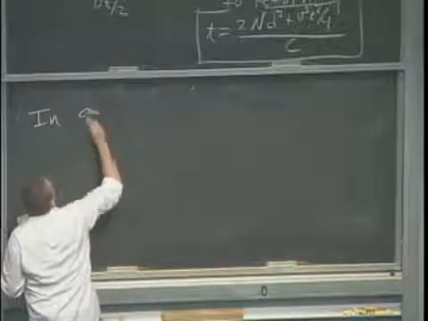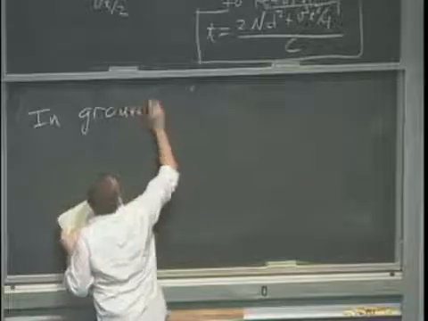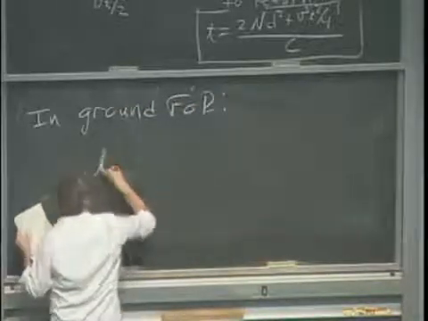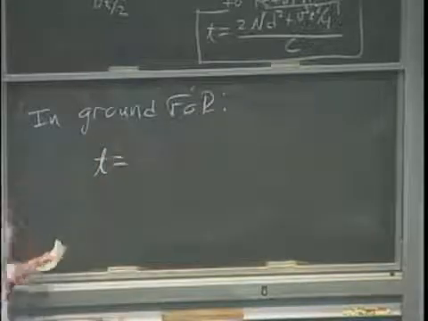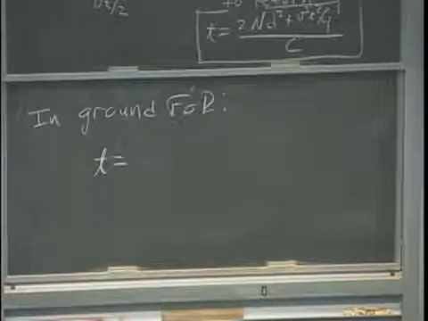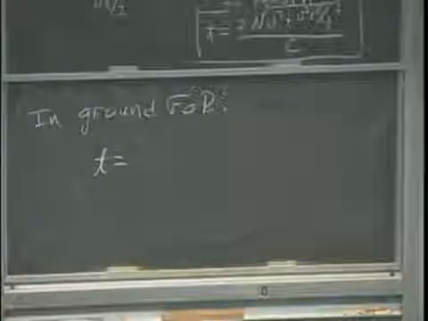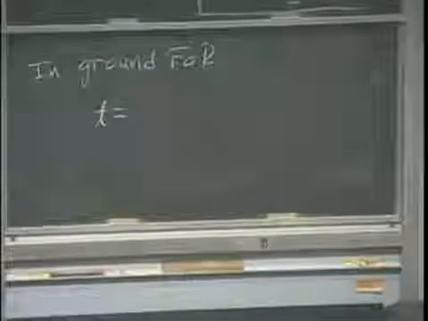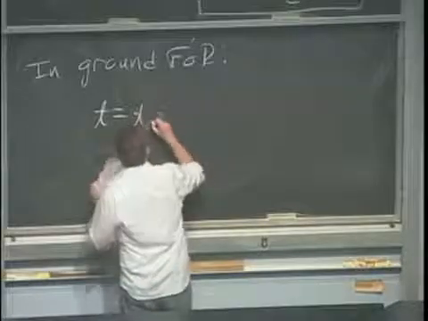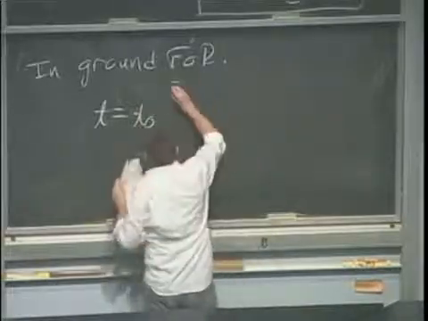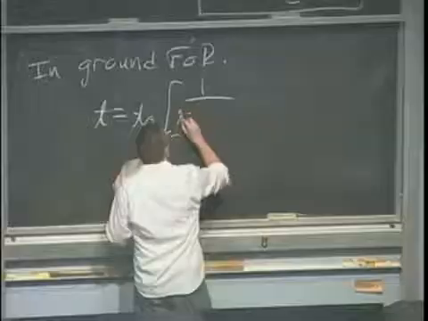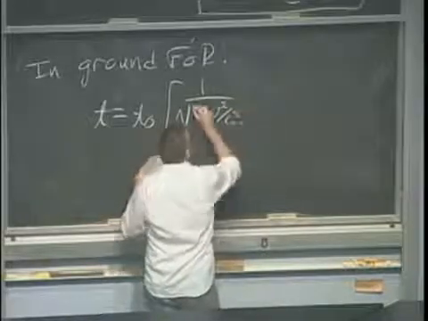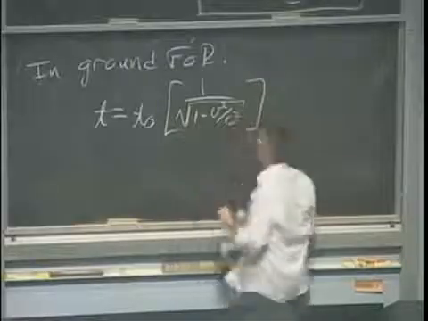In the ground frame of reference, the amount of time it takes to bounce back and forth is equal to the amount of time it takes in the train frame of reference multiplied by this funny algebraic expression: 1 over the square root of 1 minus v squared over c squared.